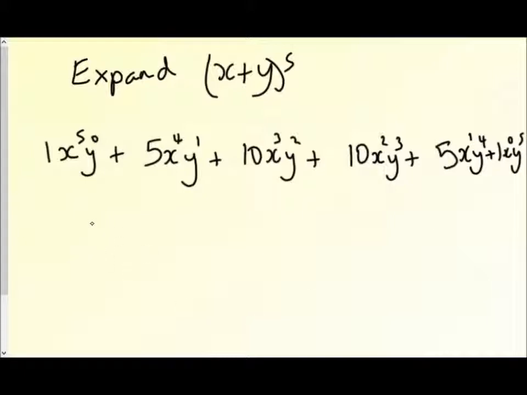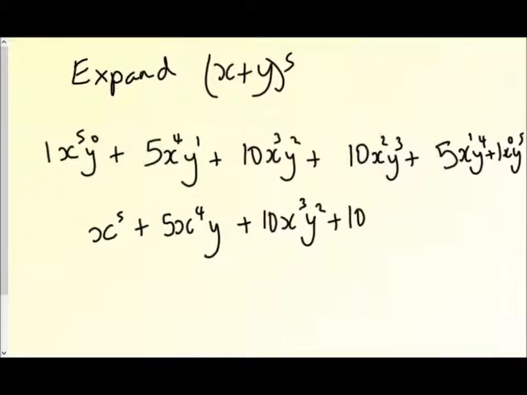So I could write that expansion out as x to the 5 plus 5x to the 4y plus 10x to the 3y squared, etc. So recognizing these patterns enables us to expand brackets.